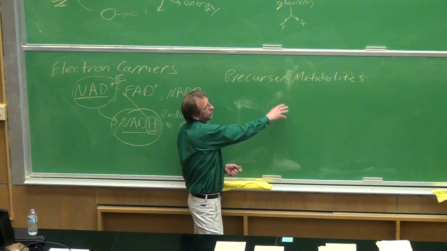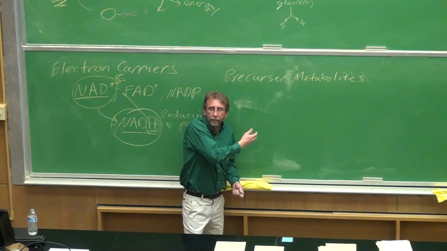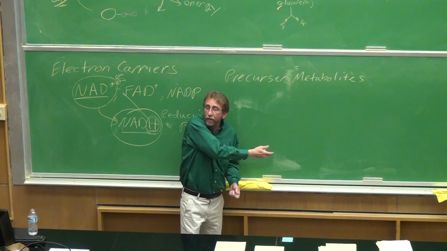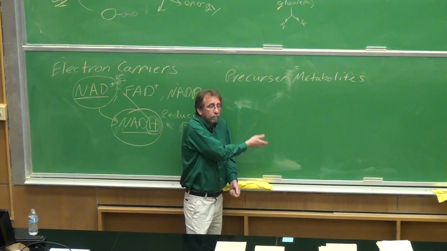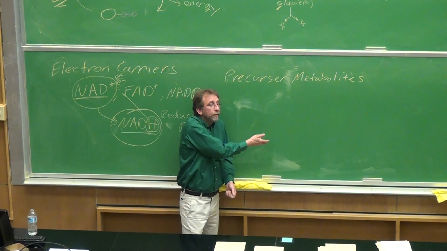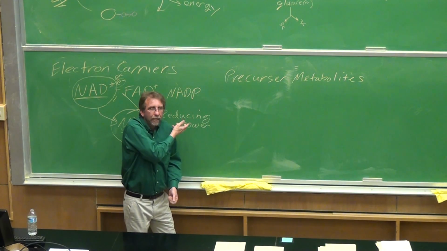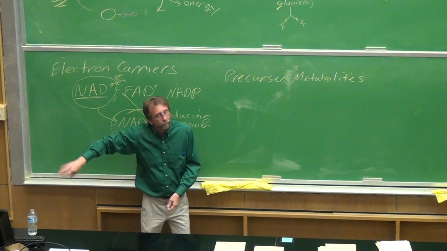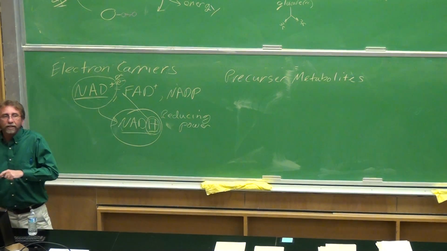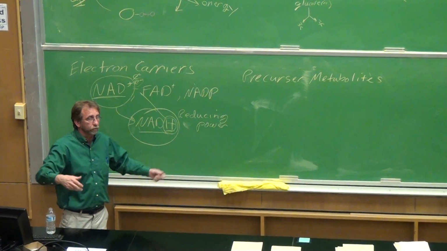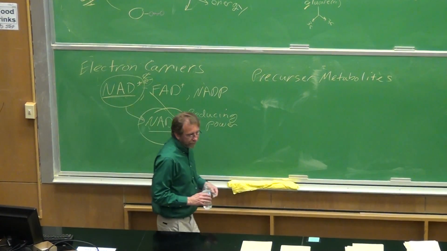So some precursor metabolites might need to be used as an energy source. So they'll enter into a metabolic pathway and be broken down. That same precursor metabolite might then also at some point need to be used in biosynthesis, and so it would leave the metabolic pathway and go into a biosynthetic pathway. So these precursor metabolites, they can be broken down further or they can be used to build larger molecules. They're what we call metabolic intermediates.